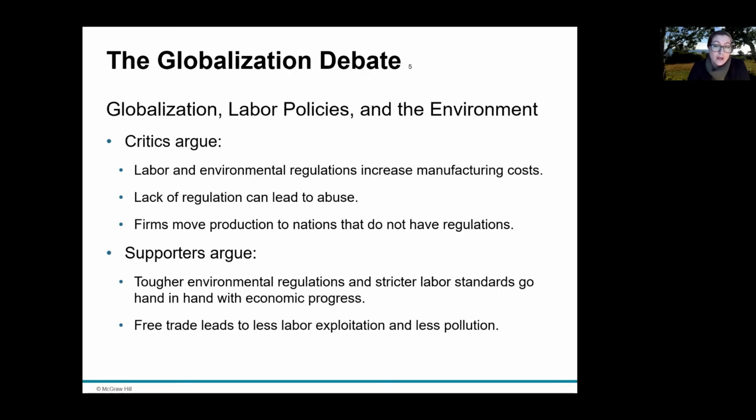So, of course, that's detrimental to the environment. In contrast, supporters argue that tougher environmental regulations and tougher labour standards go hand in hand with economic progress. So they're suggesting that free trade leads to less labour exploitation and less pollution.